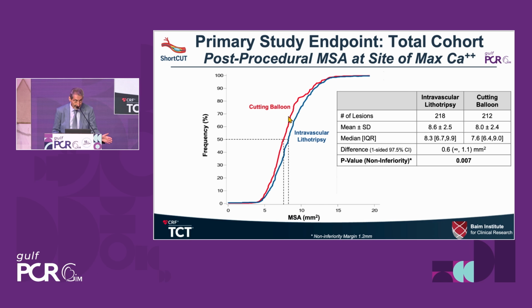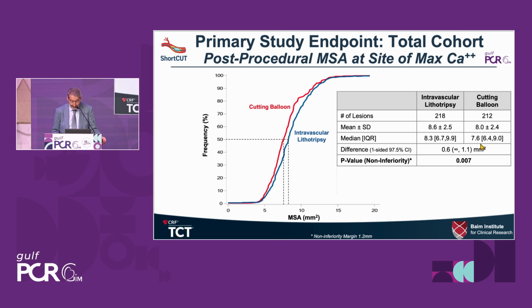This was the result, showing that with lithotripsy you achieve a larger lumen. In fact, not a minimal difference. It's 0.6 millimeter in terms of minimum stent area at the site of the maximum calcium.